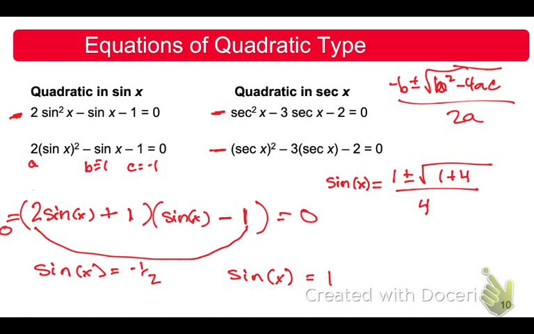A is 2, so I forgot to multiply this by 2, so that's 8. Sorry. So this is 9. 1 plus 8 is 9. What's the square root of 9? 3. So 1 plus or minus 3 over 4. So 1 plus 3 is 4, and 4 over 4 is 1. And 1 minus 3 is negative 2 over 4, which is negative 1/2. So you have sine of x equals 1 and negative 1/2.